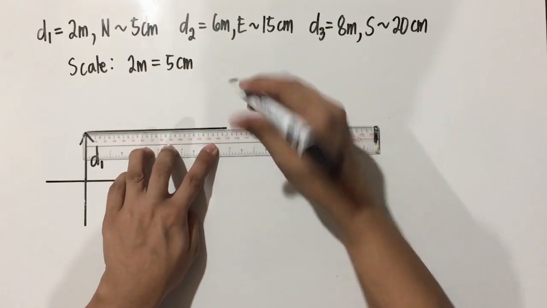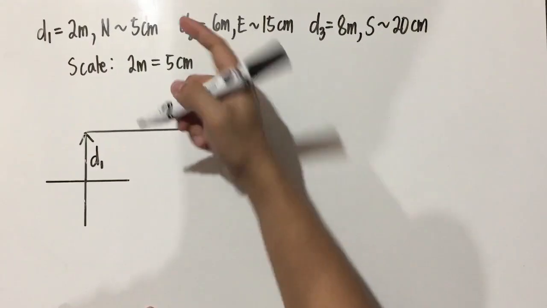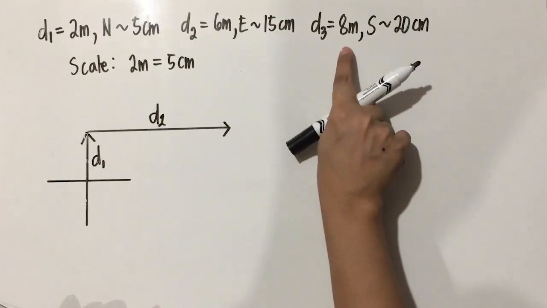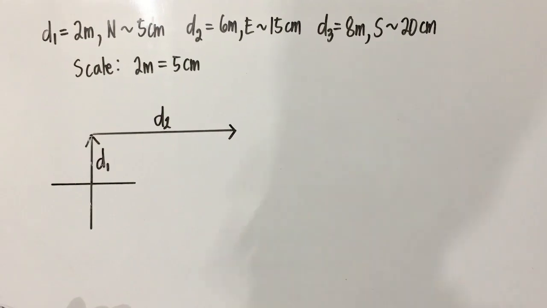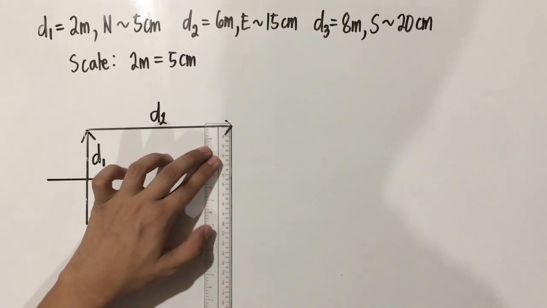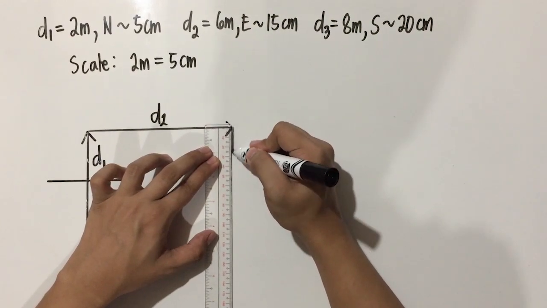Same thing goes. We have to draw the next vector diagram at the end of the head of the second vector diagram. Okay, so that is 20 centimeters. We have to properly measure that up to 20 centimeters. Okay, so let's label it d sub 3.